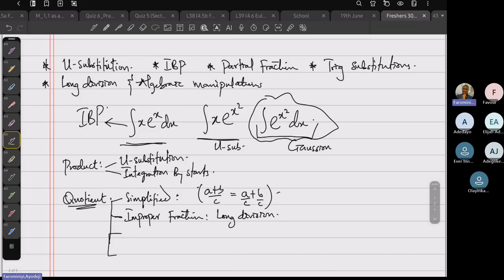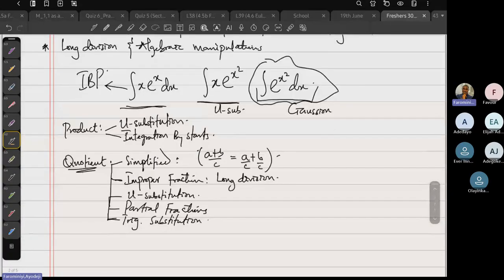Then the next thing is U substitution. Then you can also have integration by partial fractions. This is where partial fractions come in. Then you can have trig substitution. So in no particular order, anyway, trig substitution and some other algebraic manipulations.